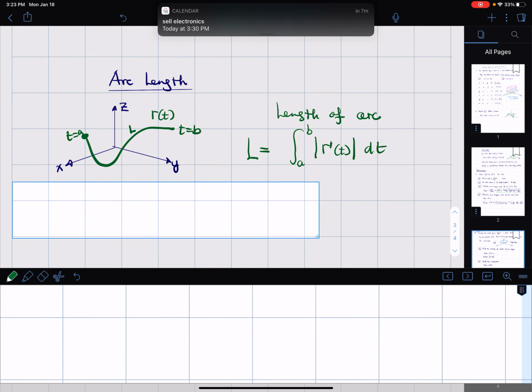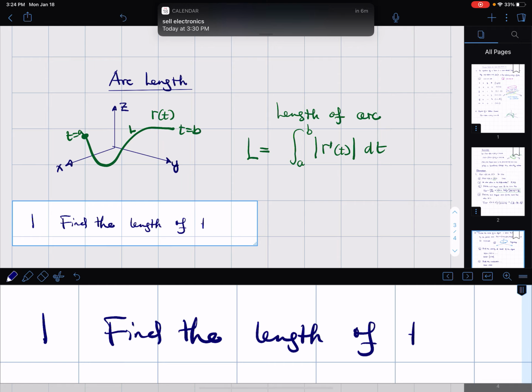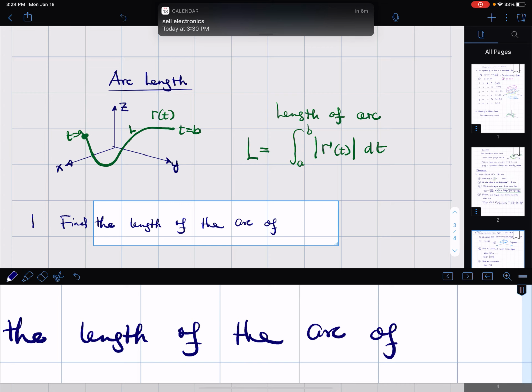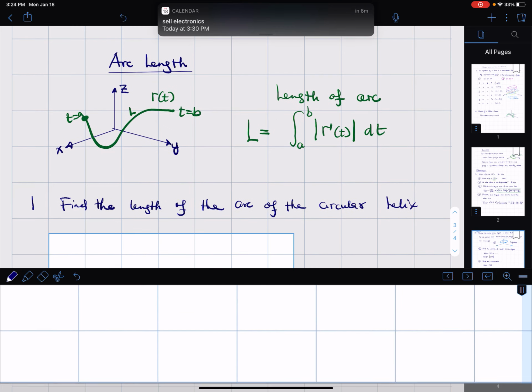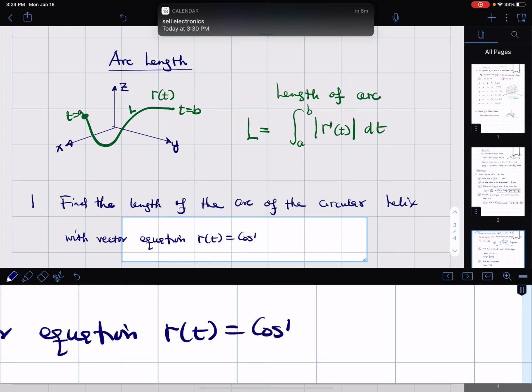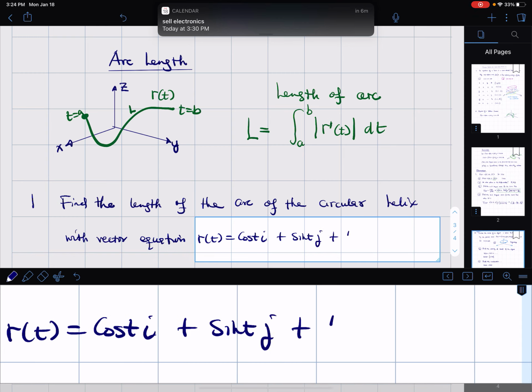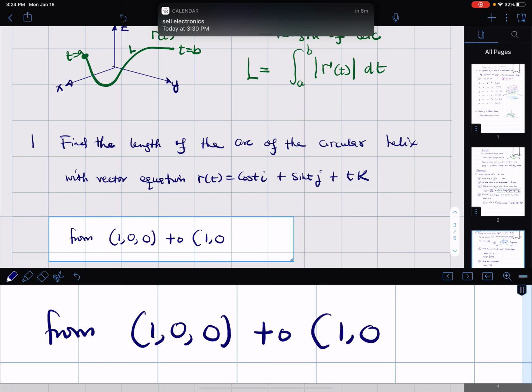Okay, so can we try an example? Let's try one example. We want to find the length of the arc of the circular helix with vector equation, same thing as the vector valued function, r of t equals cosine t i plus sine t j plus t k from (1, 0, 0) to (1, 0, 2 pi).